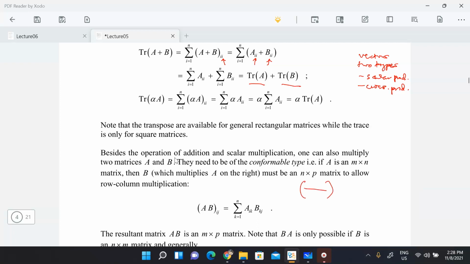You take the row, multiply with the column, right? I think everyone has done this before. Why does it have to be that? Can anyone answer me? Why does it have to be row times a column?